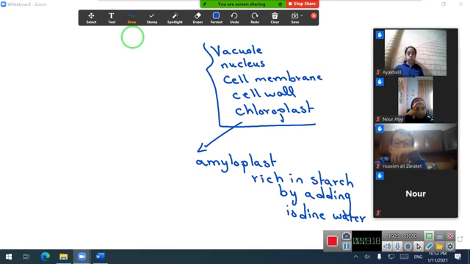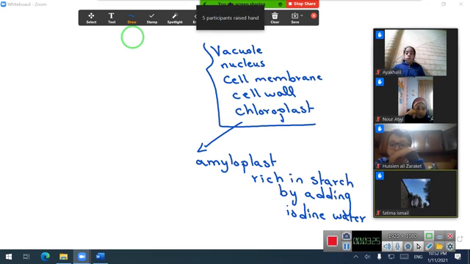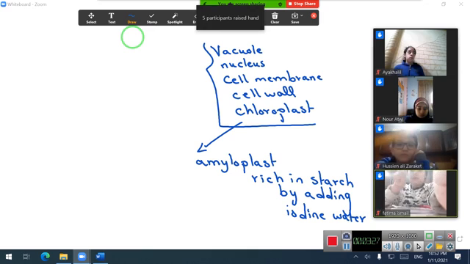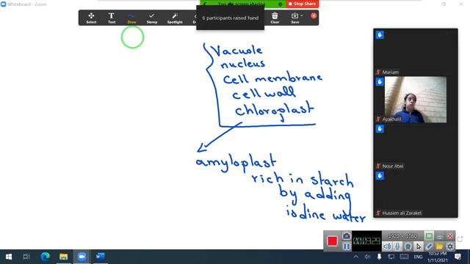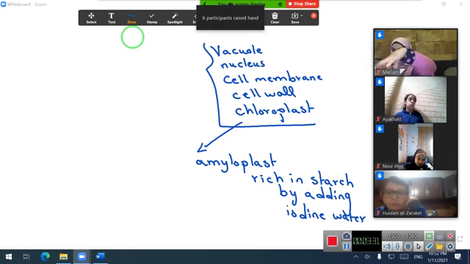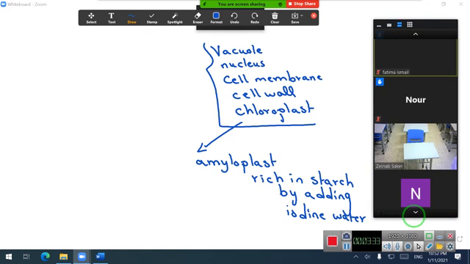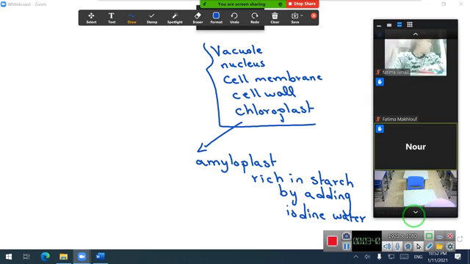So, who can tell me what is the shape of a plant cell? Looks like what? Circular or elongated? Elongated.